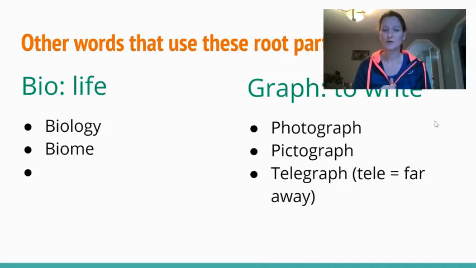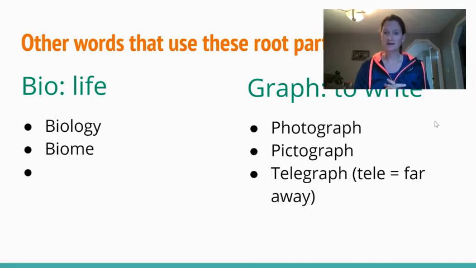And another bio word might be biome, and that's the word that's used for like an ecosystem where everything, all the trees and the ground and the animals and the weather, everything all works together in one specific area is often called a biome, and that's kind of like all of the life in that one area. Any word that you can think of that has bio in it has to do with life. So biology and biome would be a couple of other words, along with biography.